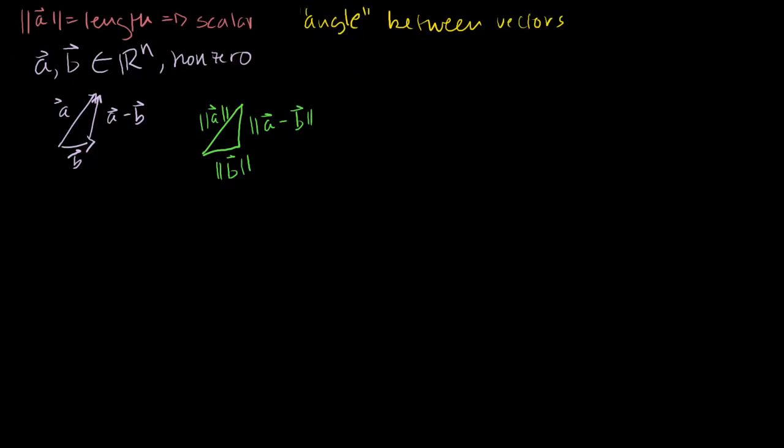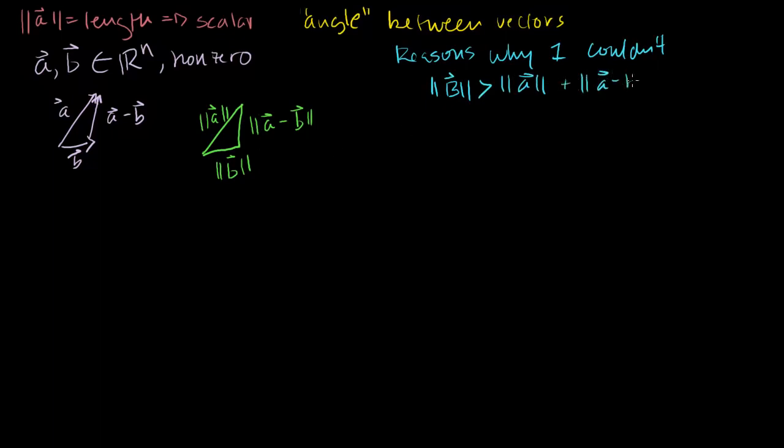Let me write reasons why I couldn't make this construction. Well, what if the length of vector b was greater than the length of vector a plus the length of vector a minus b? In 2 dimensions, I could never draw a triangle like that, because this length plus this length would be shorter than this side right here, and so you could never construct it.